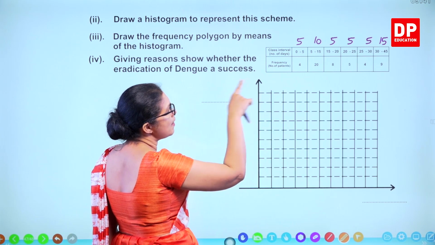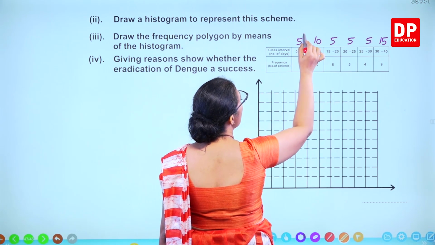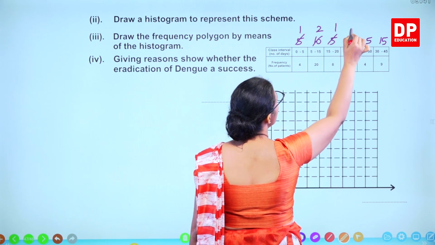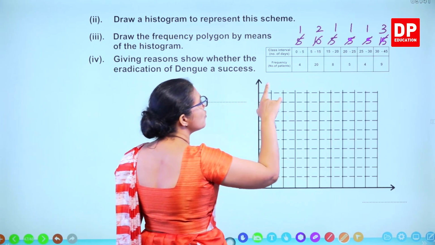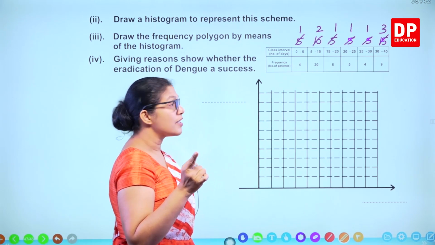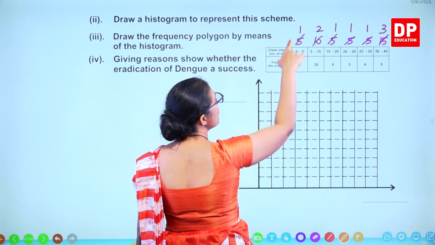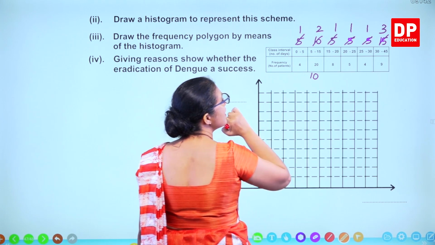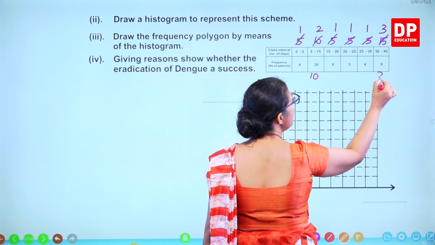Now we can see 5 is common, so you can divide everything by 5: 5 times 1, 5 times 2, 5 times 1, 1, 1 and 5 times 3. So now the frequencies are changing. This one is the same, 4 divided by 1 is 4. 20 divided by 2 is 10 here. And again this one changes, 9 divided by 3, 3.